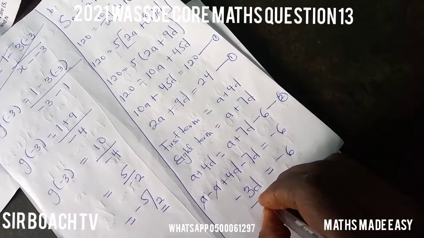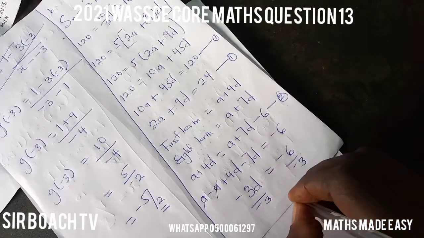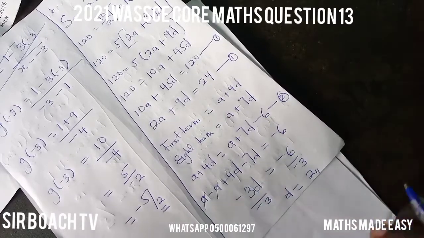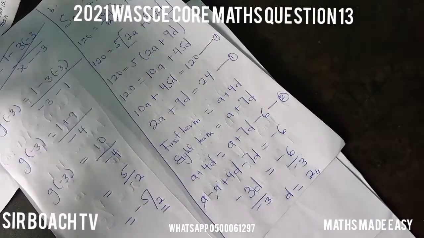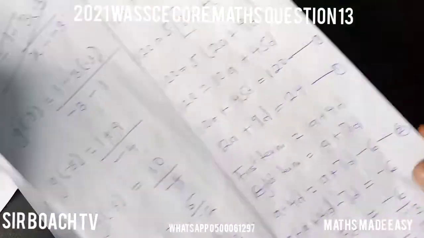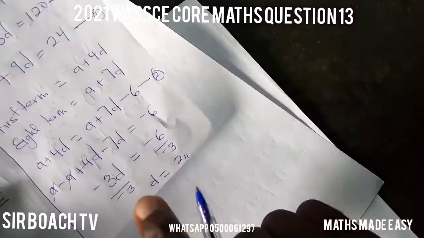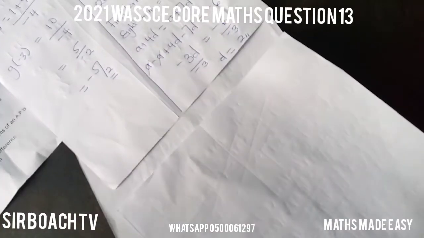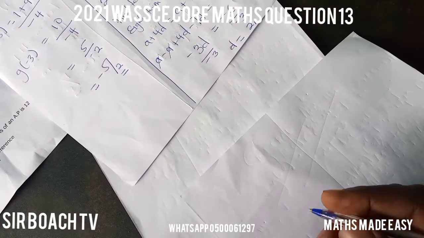If you divide both sides by minus 3, you're going to get d equals 2. So d equals 2 becomes our common difference. Now we can put this d equals 2 into equation 1 and solve for a as well.